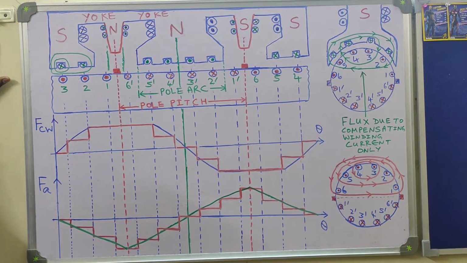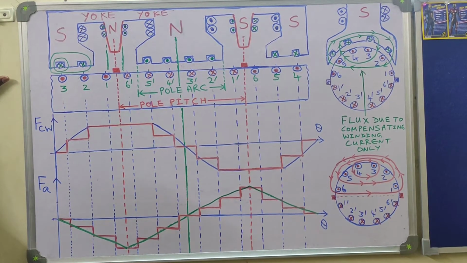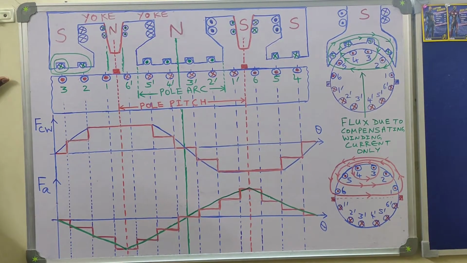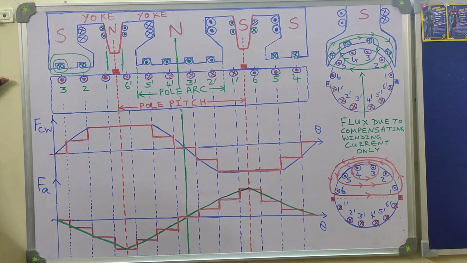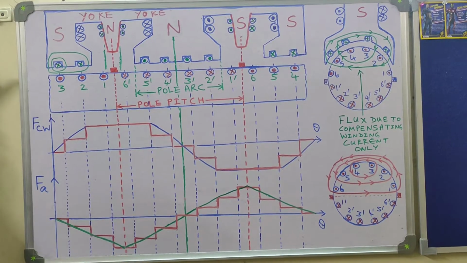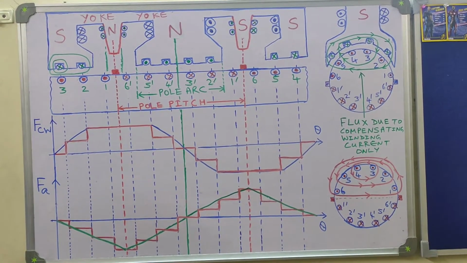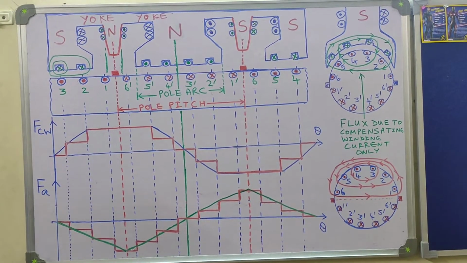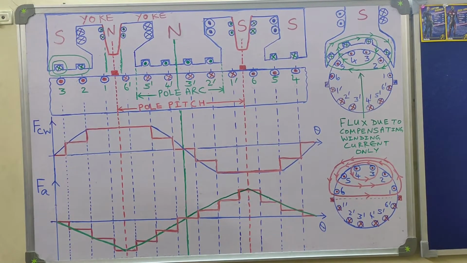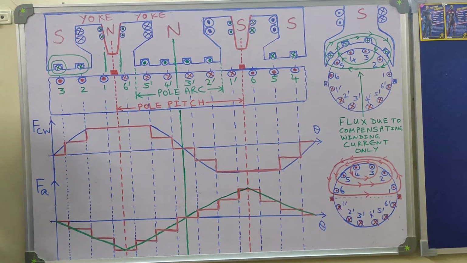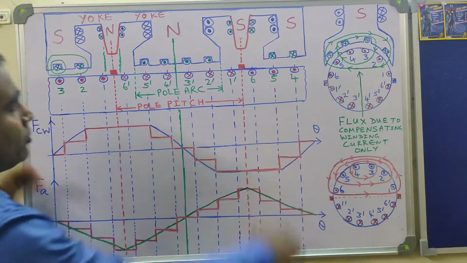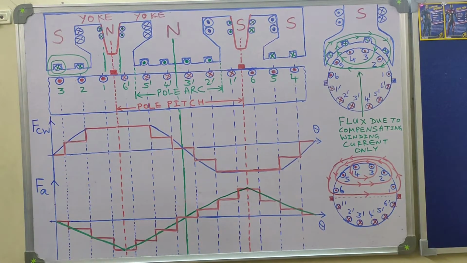Once you are drawing the cross-sectional view, assume that the cross-section is being taken along a plane which is normal or perpendicular to the shaft of the DC machine. So I am imagining that the DC machine is being cut by a plane, the plane being normal or perpendicular to the shaft. That view will be our cross-sectional view, and you need to then imagine that the cross-sectional view is being cut out and laid out flat like this. So that will be our developed view.